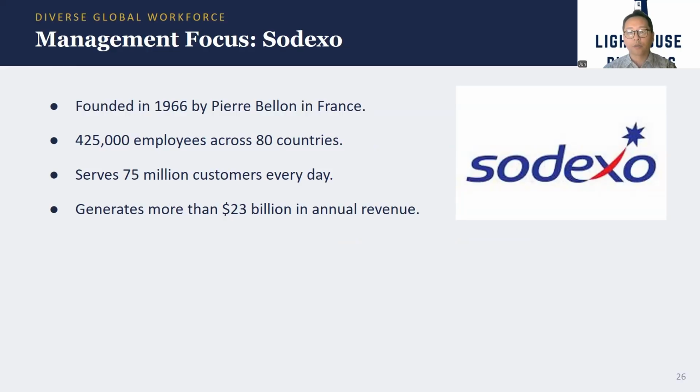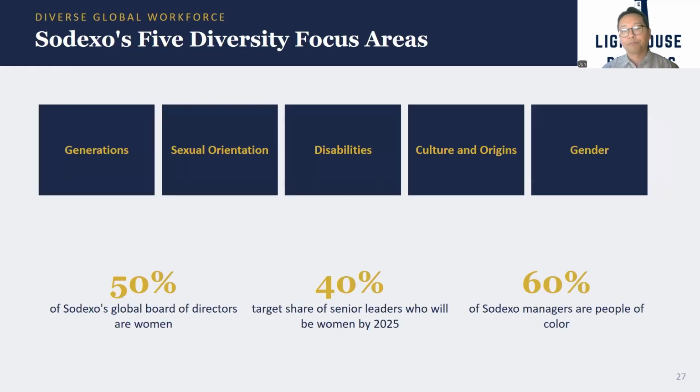Today, Sodexo employs 425,000 people across 80 countries, serves 75 million customers every single day, and generates more than $23 billion in annual revenue. Sodexo is especially well known for its deep, sustained commitment to building a globally diverse workforce. And it has been ranked in the top 10% of companies for workforce diversity multiple years in a row.